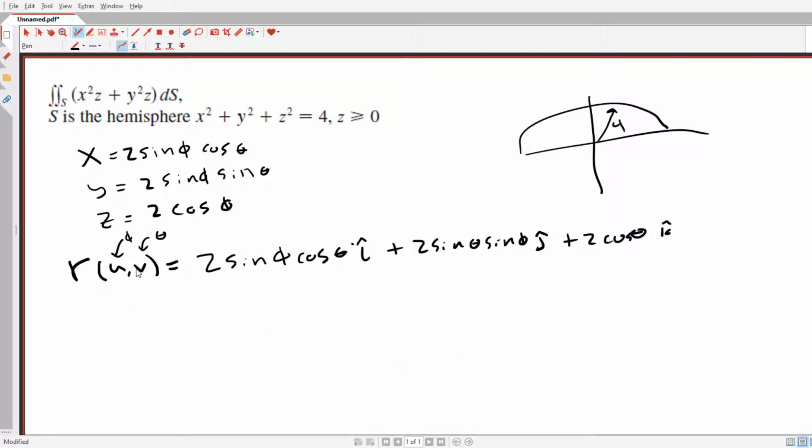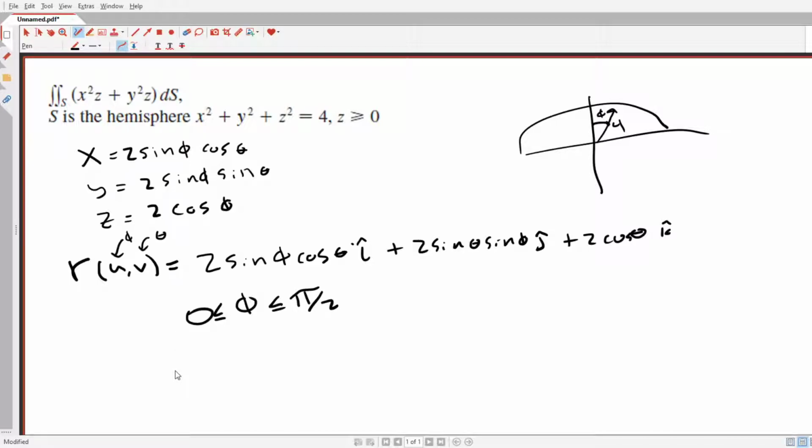Now, what are the bounds on phi and theta? Phi starts at 0 and keeps going. Remember, phi starts at the vertical. It's going to go from 0 to pi over 2, right? It sweeps out this area, from vertical to horizontal, like this.